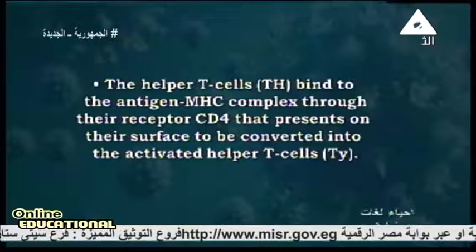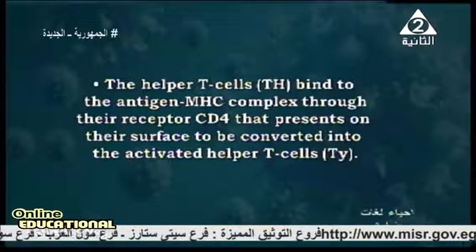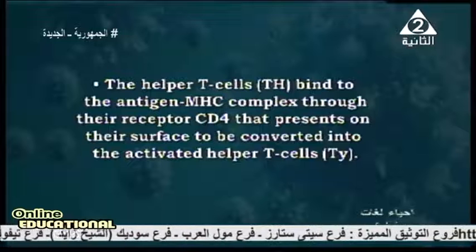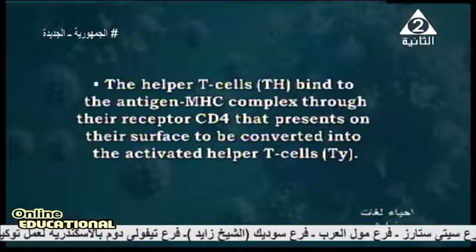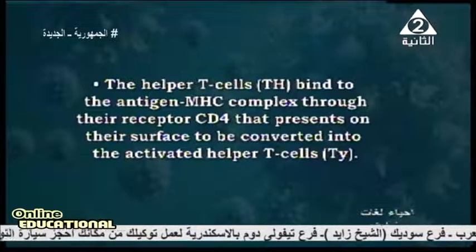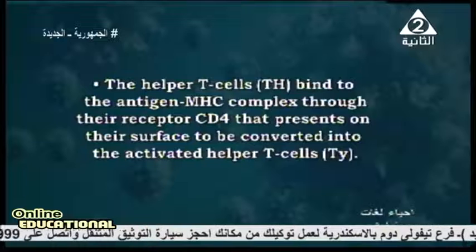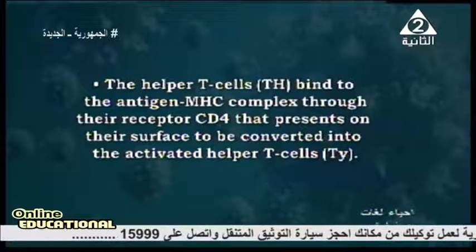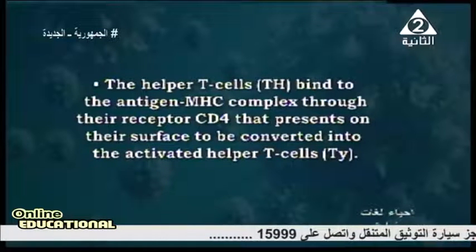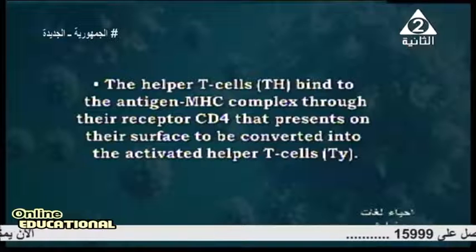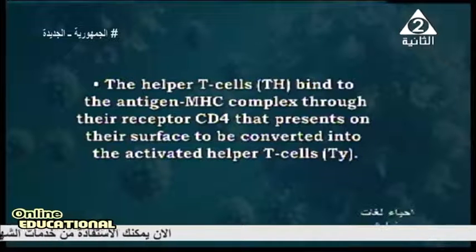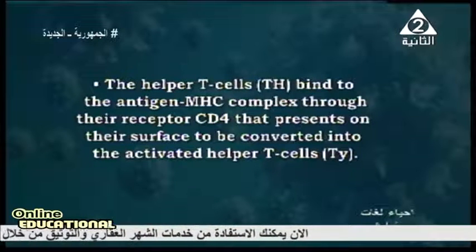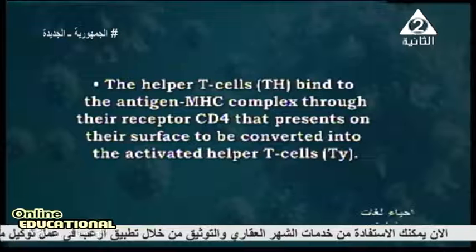This type of receptor is found on the outer membrane of the cell and is converted into the activated helper T cells.